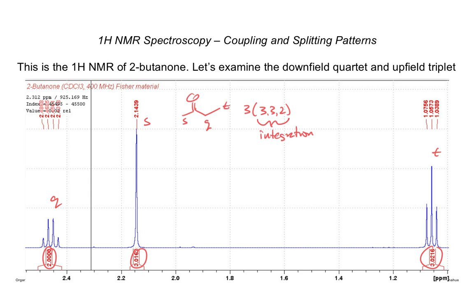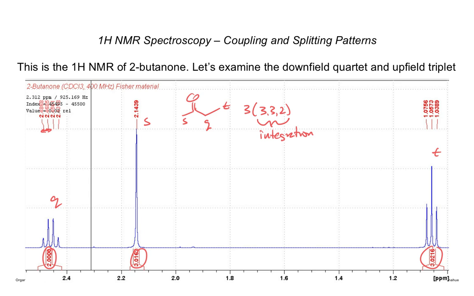And what we're going to focus on is now looking at these chemical shift values. And as I said, we want to look at the distance between those. You'll find that for each unique signal, that distance will be the same.